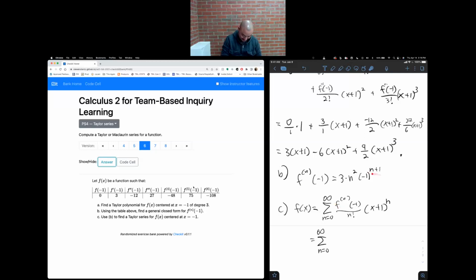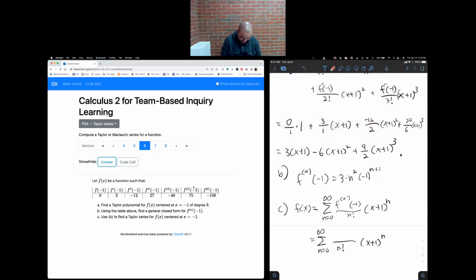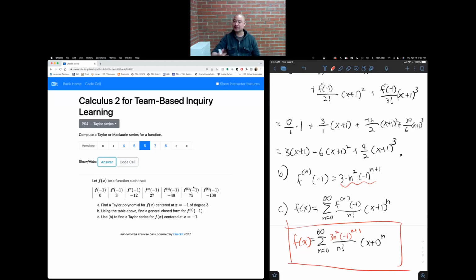So I can go ahead and rewrite it, putting back in our n factorial and our x plus 1 to the n, but I want to note that this is 3n squared times -1 to the n plus 1. And that is our Taylor series for this function.